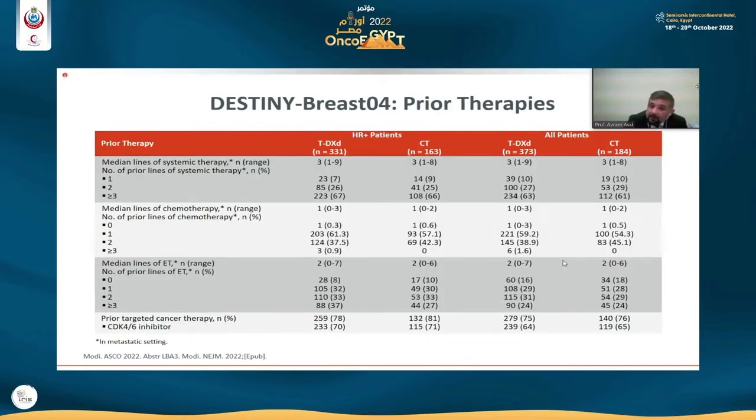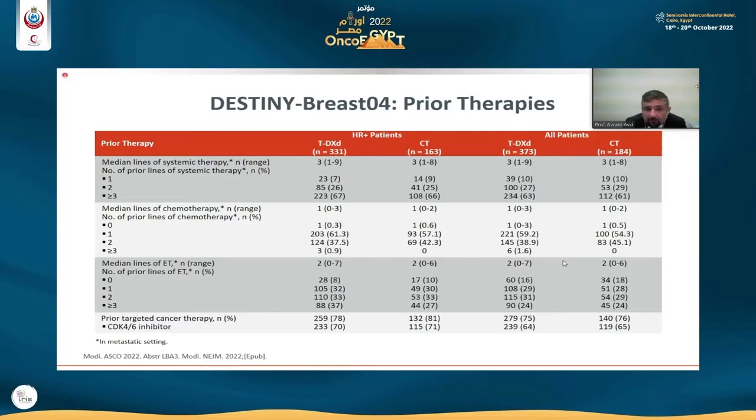The prior therapies regarding the trial: most of the patients had more than 2 previous lines for the metastatic setting, although a small minority had received one line as first line or 2 lines before entering the trial.